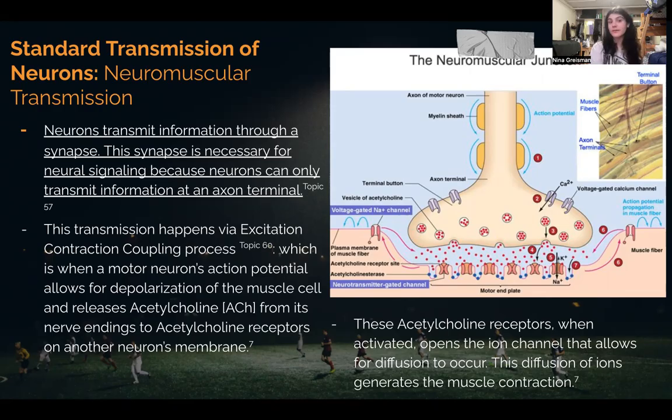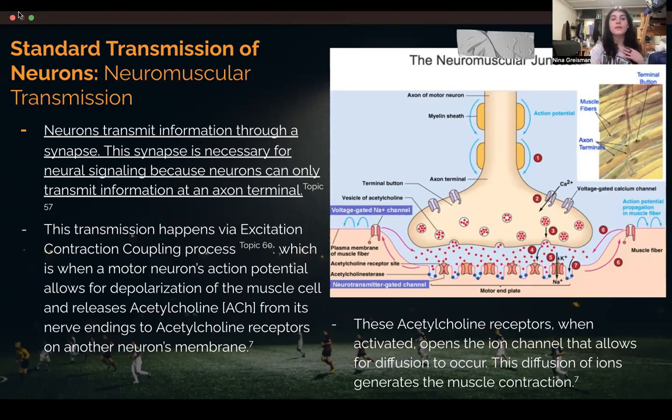So this transmission of information occurring is known as the excitation contraction coupling process. And this is the process that occurs for the neuromuscular transmission of neurons. This is how your muscles contract. This is when a motor neuron's action potential allows for depolarization of the muscle cell, which is the electrical charge, the electrochemical gradient that we previously discussed in our topics.